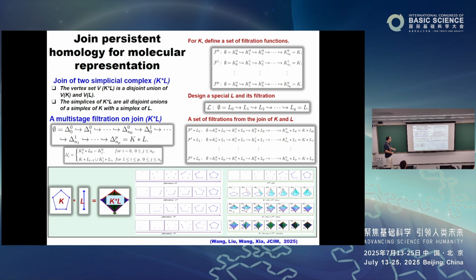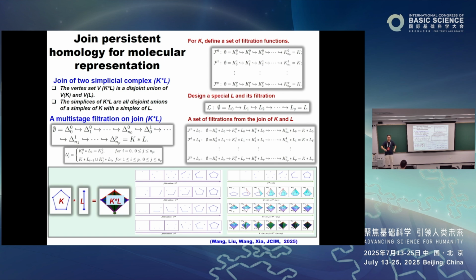The interesting part is that you can now design a multi-stage filtration based on this join. The idea is like this. I want to study this structure. Previously, I could do a filtration, but this filtration gives you a certain constraint: you can only do a filtration following a certain direction.